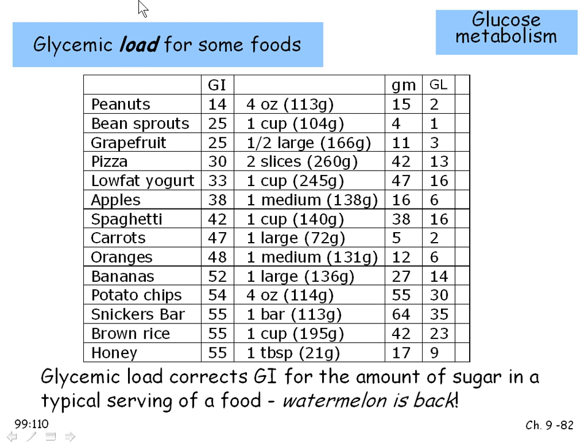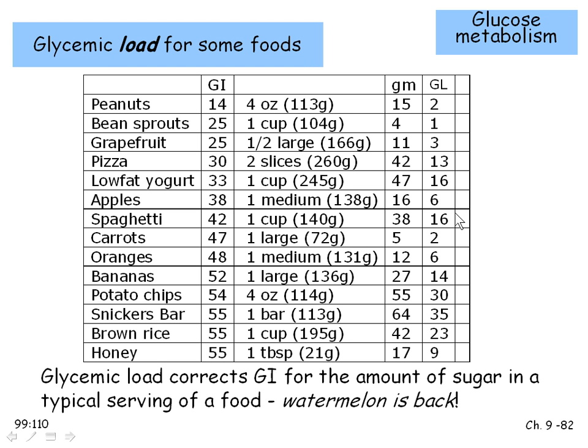And so what glycemic load does is it combines the glycemic index, the inherent tendency of that food to raise your blood sugar, with a typical serving size. And so if a typical serving size has only 20 grams of carbohydrate, you correct the glycemic index for that by taking that into account.